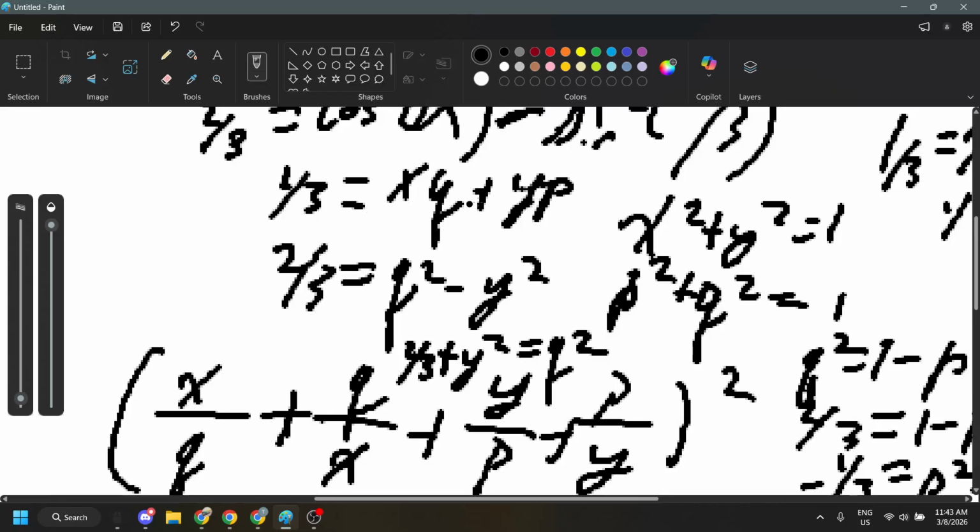1/3 is equal to xq plus yp. Okay. How do I isolate that?